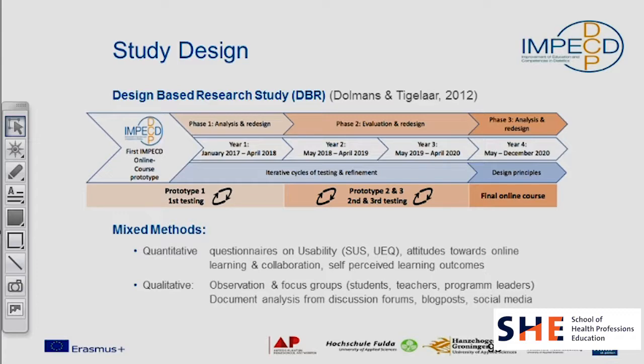The first iterative research cycle has already been conducted, where we tested a first pilot of the online course to see if students even understand the domain-specific tasks. And based on that, we are going to implement the collaborative tasks to see how international collaboration works in that online environment. This is going to happen by using a mixed methods design.